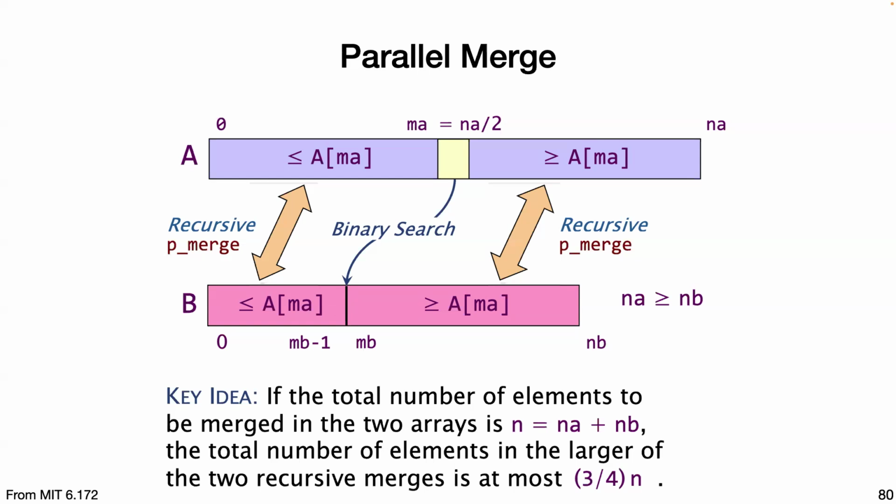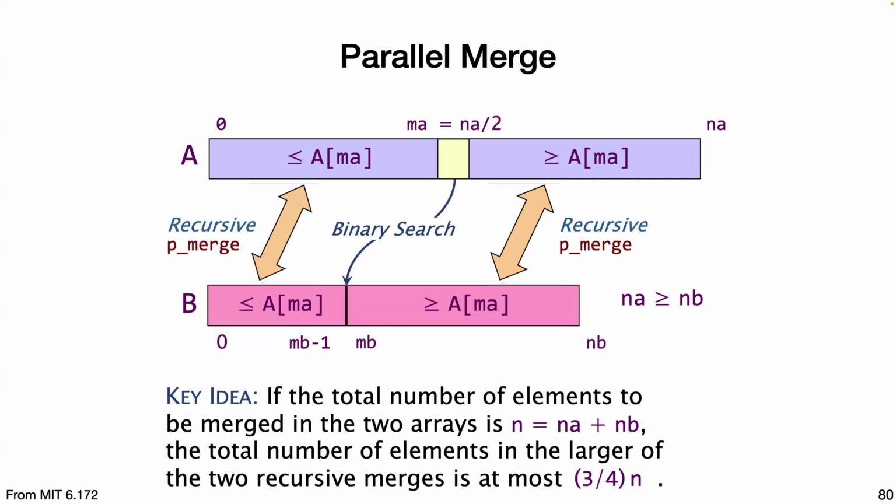The way that we're going to do that is, because both of these are already sorted, we can leverage this property. This is a little bit like quicksort partitioning. You're trying to merge these two lists, A and B. Let's say that A is bigger, without loss of generality. You take the midpoint in A, and you search for it in B, which you can do efficiently with binary search because B is also sorted.